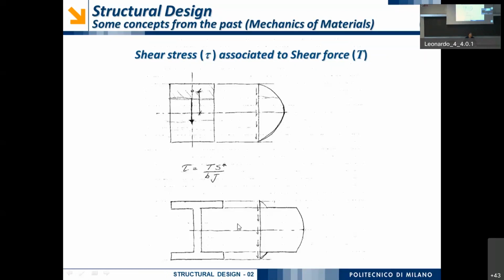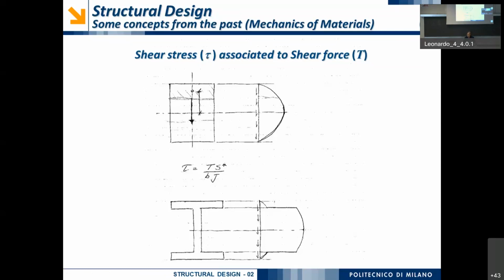When we are dealing with an I-beam, and the I-beam is a very widespread kind of cross-section, for example, for steel structures, as we will see in a few minutes and also in the forthcoming lecture. Okay? If we are dealing with a beam like this, basically the shear action on the cross-section is constant. Okay.